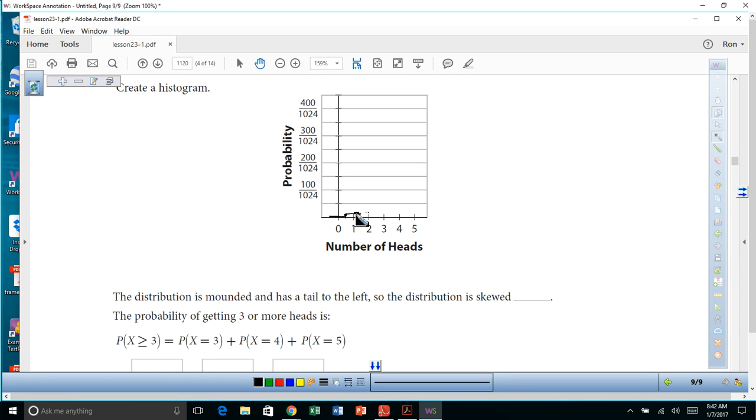We'll fill that in. And the probability of 2 was 90, so that's going to be just under 100. And probability of getting 3 was 270, so it's 250. 270 might be about right there.